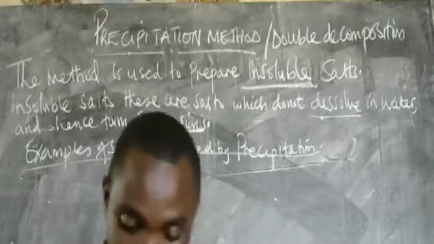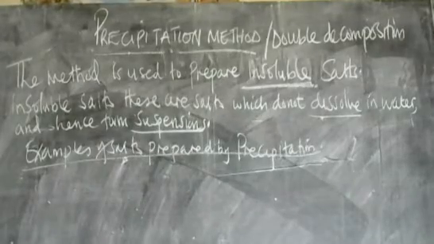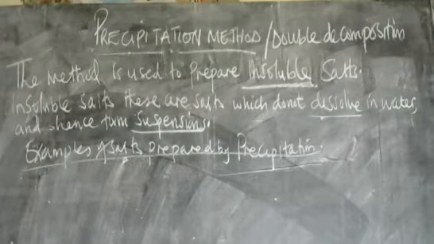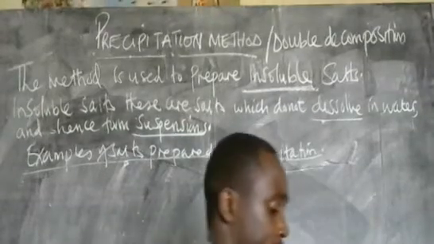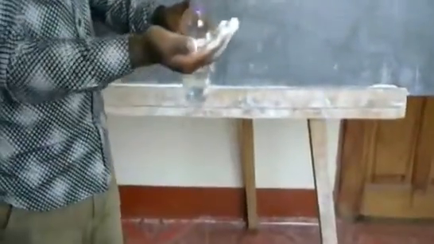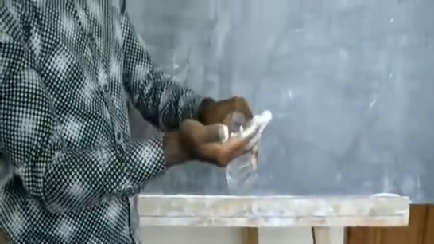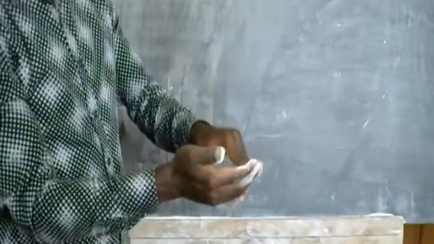What do you think? We have this salt here, this chalk dust. The compound in it is highly insoluble in water. So if I bring this chalk dust in water, the particles won't dissolve. However much I shake, they won't dissolve.